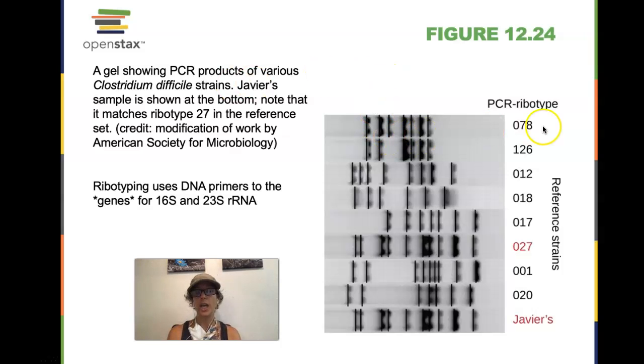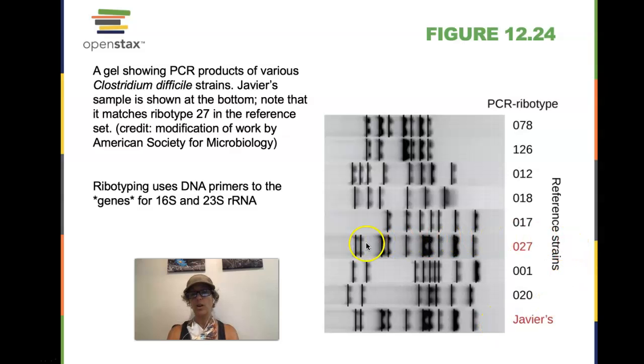And so we can look at these known ribotypes, and then we have a patient's ribotype, not of the patient's ribosomes, but the DNA from Clostridium difficile contains these particular genes for ribosomal RNA.